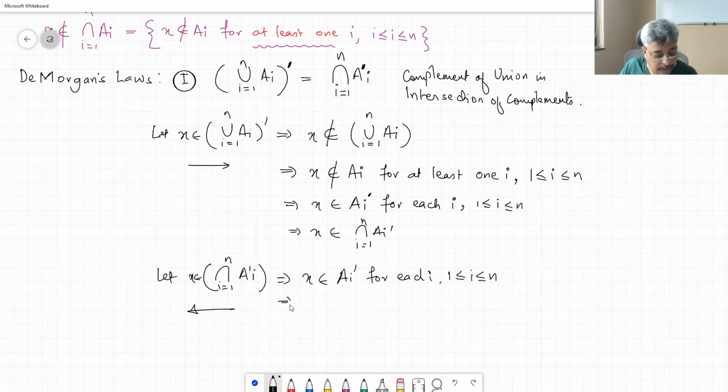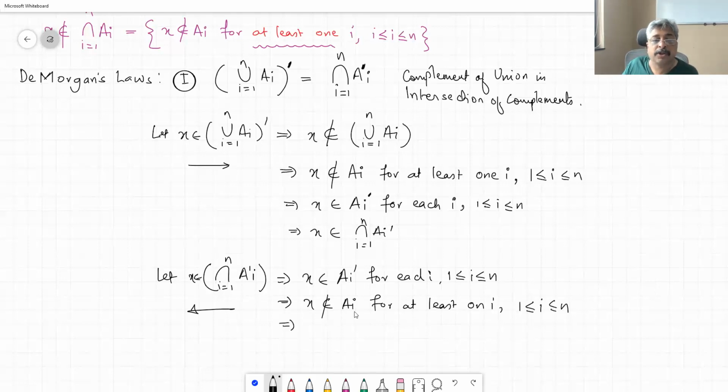This implies x does not belong to Ai for at least one i, 1 less than or equal to i less than or equal to n, which means x does not belong to union i goes from 1 to n Ai, which means x belongs to union i goes from 1 to n Ai complement.